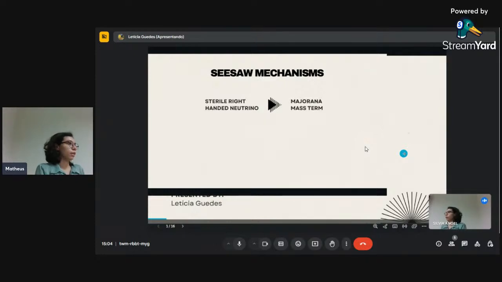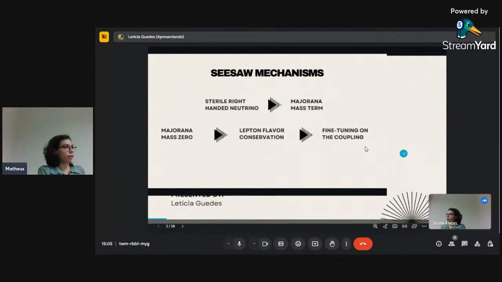In the standard model, we don't account for massive neutrinos, but we know that neutrinos are massive because of neutrino oscillation. The simplest way to make neutrinos massive in the standard model is to propose a sterile right-handed neutrino, and that would generate a Majorana mass term. You have two cases.